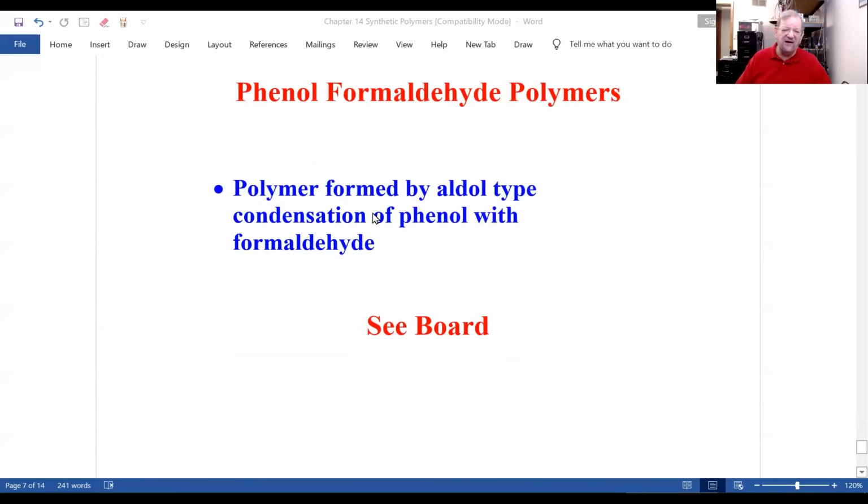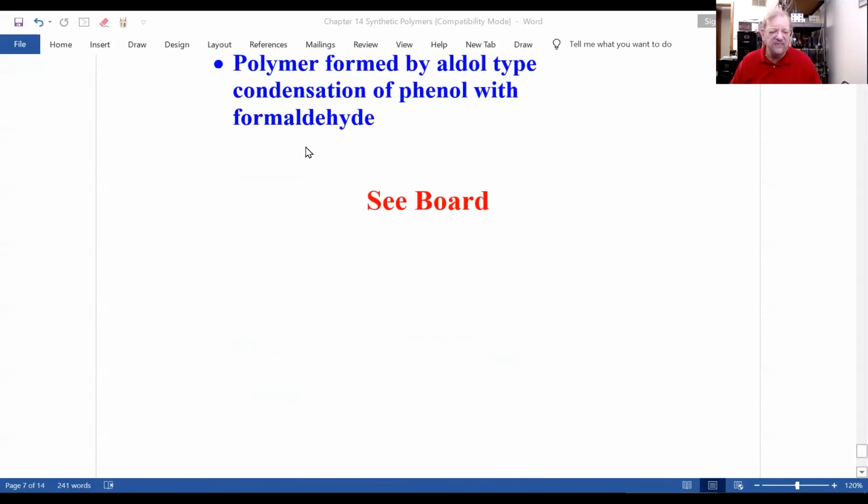Now, another reaction to make a type of polymer is called a phenol formaldehyde polymer. And the reaction you use is sort of like an aldol condensation. Now, phenol has an acidic proton, and this is the phenoxide anion.